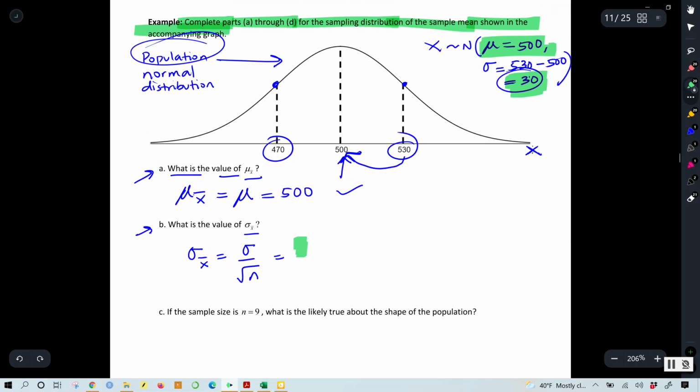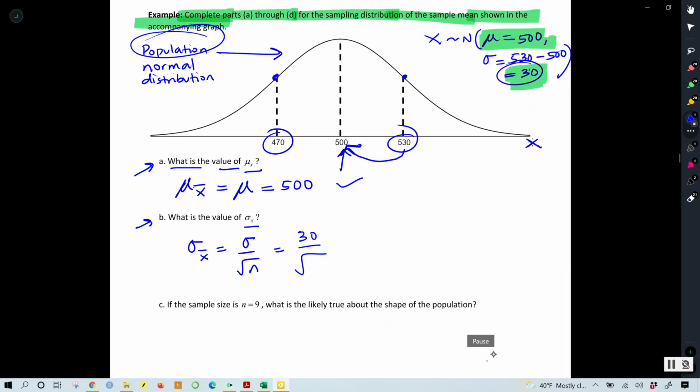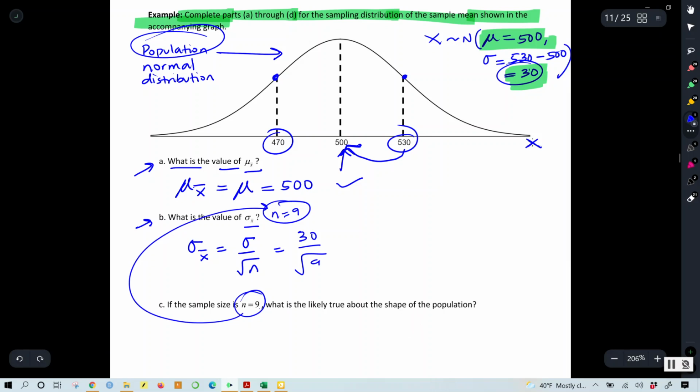So we have 30 divided by the square root of n. Our n in this case will be taken from question C here. So, apologies there, that was supposed to be recorded here. So n equals 9. So that will be 30 divided by, what is the square root of 9? That is 3. 30 divided by 3 is 10.